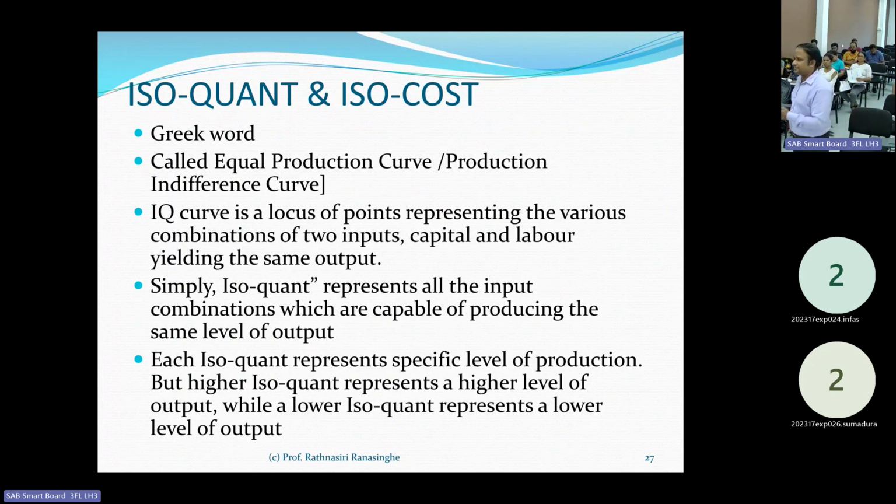According to this definition, isoquants reflect different combinations of factor inputs. So the producer is given choices in selecting different combinations, the capital over labor ratio, K over L. That depends on the technology adopted: how much capital and how much labor to use.